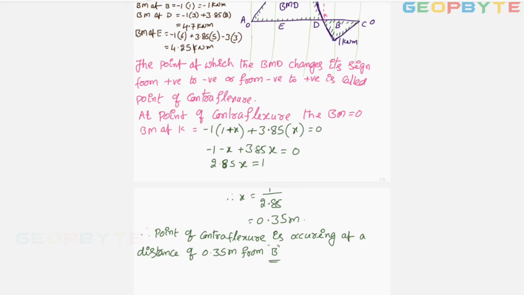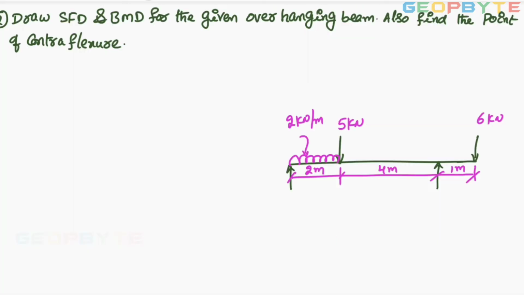Now let us go for the overhanging beam with UDL, uniformly distributed load. Look at the problem. For the overhanging beam, you are asked to draw the SFD and BMD and also find the point of contraflexure.